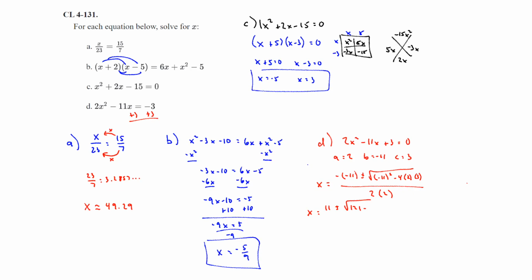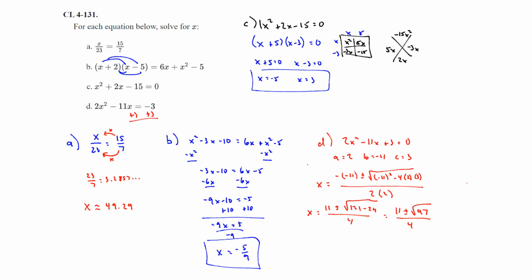And then negative 4 times 2 times 3 is negative 24. 2 times 2 is 4. And so now we get 11 plus or minus the square root of 97 over 4. If your teacher wants the exact answer, then 11 plus or minus the square root of 97 over 4 would be your exact answer.